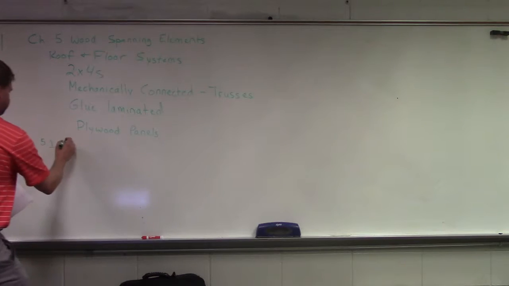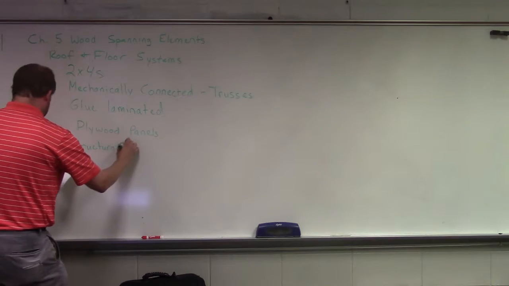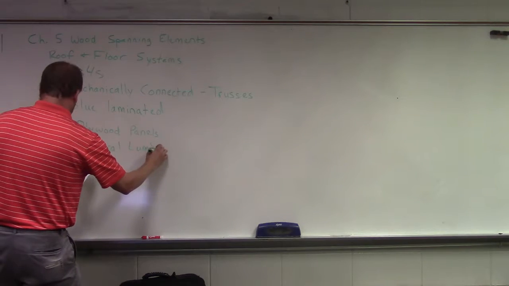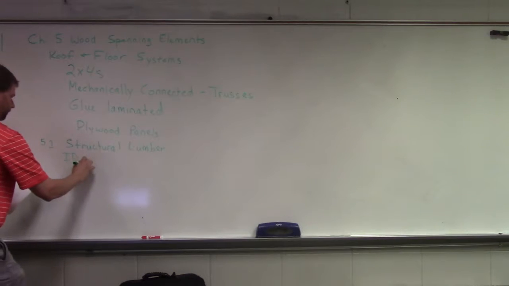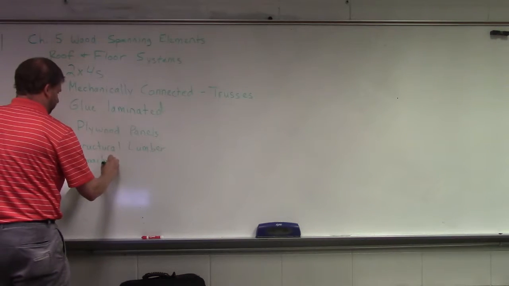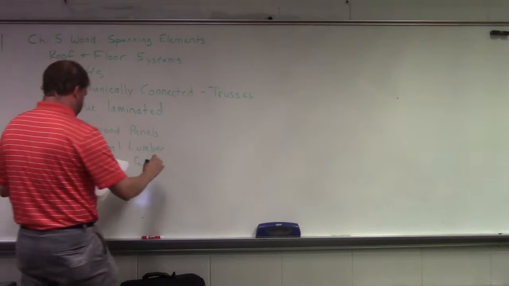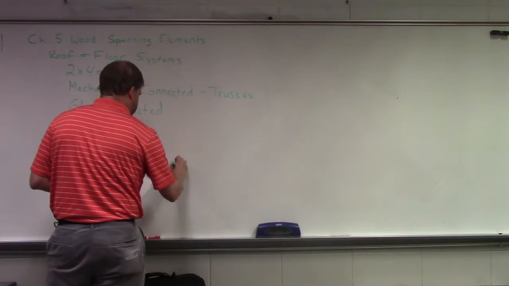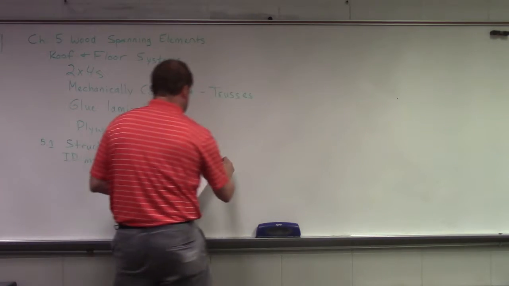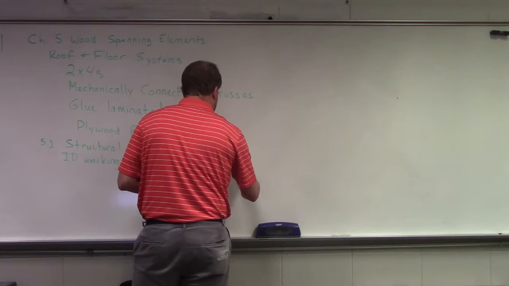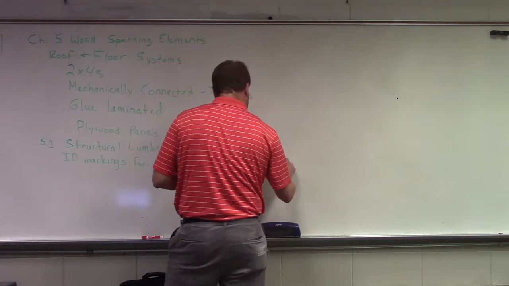But so our structural lumber anyway. Okay, so we have the following ID markings, right? So we'll have our wood species. We'll have our structural grade. We'll have the size.